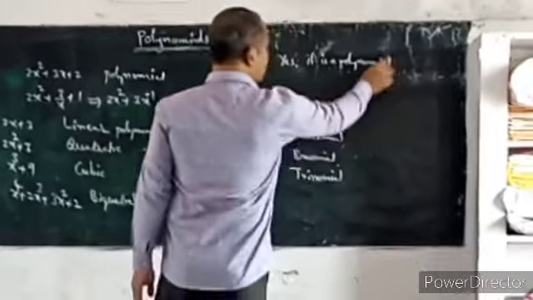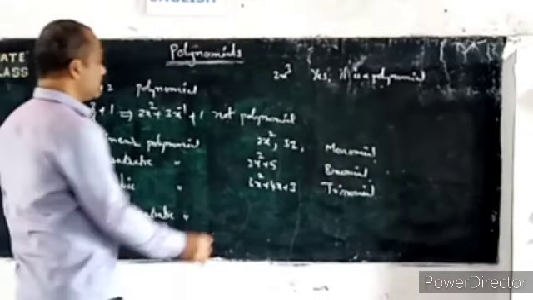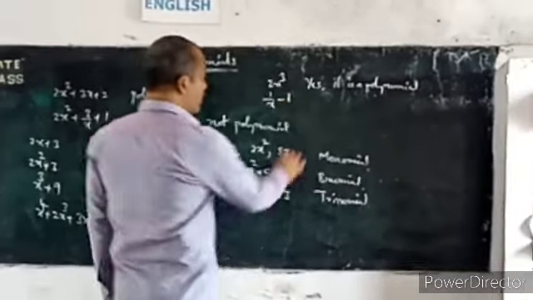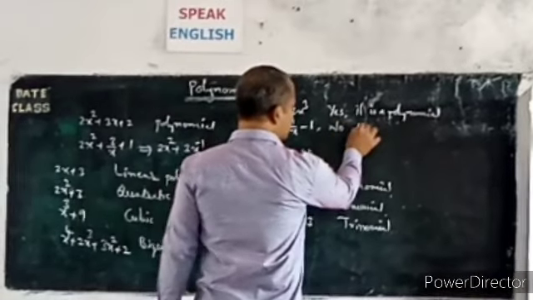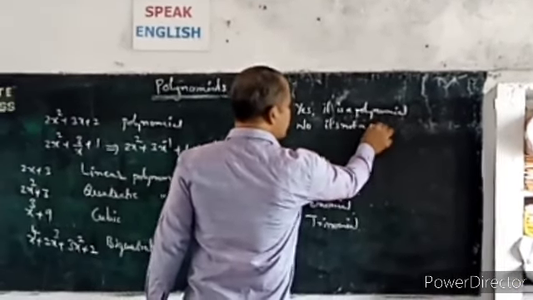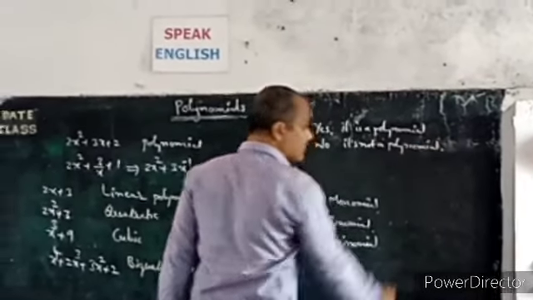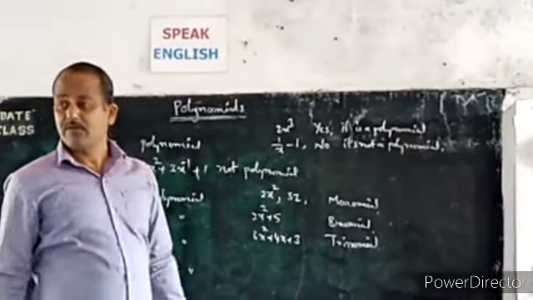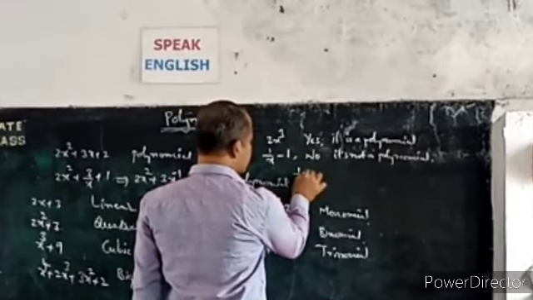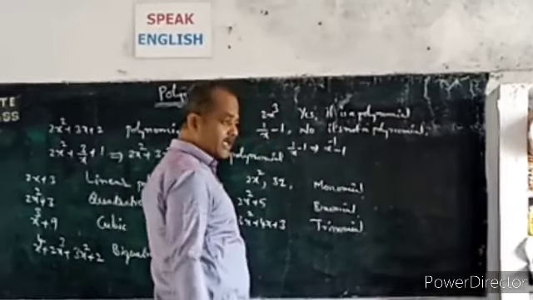Next question will be 1 by x minus 1. No, it's not a polynomial. If it is not a polynomial, you have to write the reason in the heading mentioned. 1 by x minus 1 can be written as x power minus 1 minus 1.